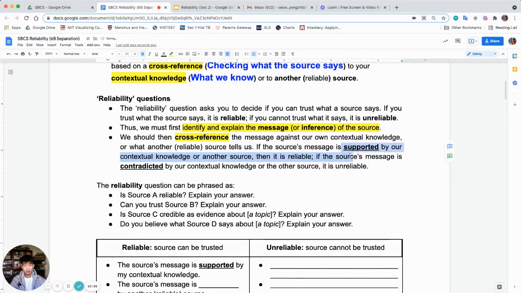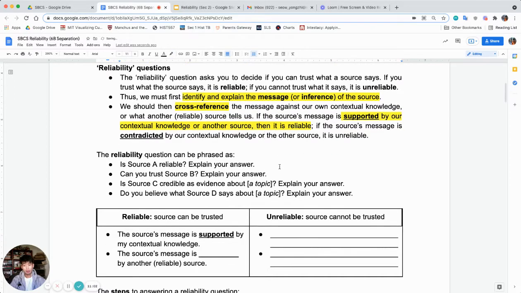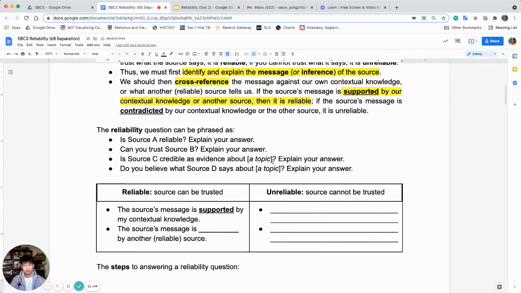If supported, then it's reliable. And if contradicted, then it's unreliable. Right? And this one would be the focus.